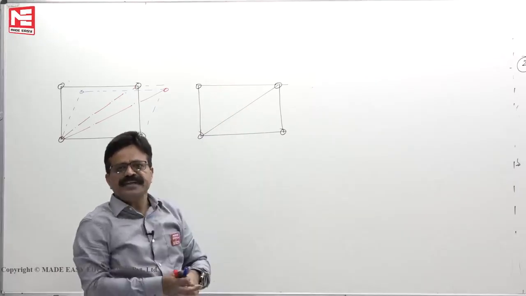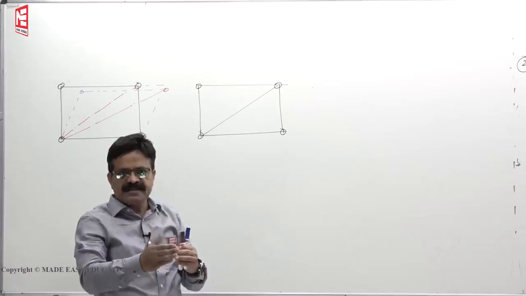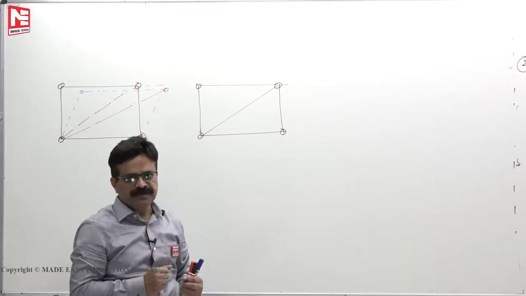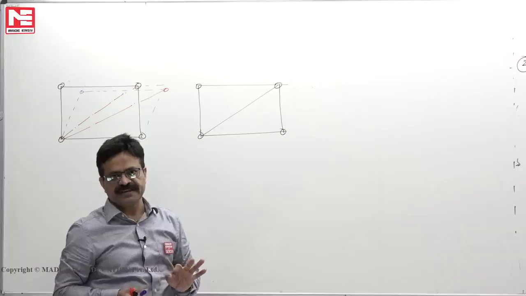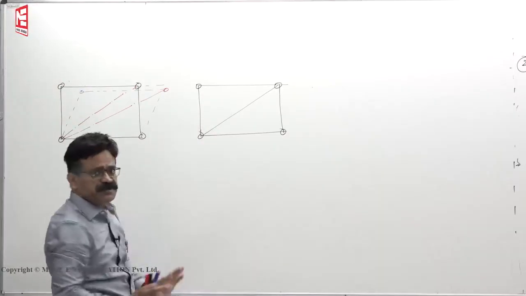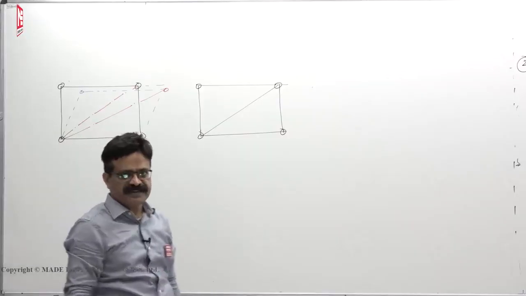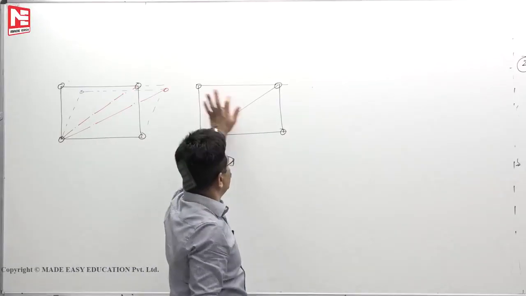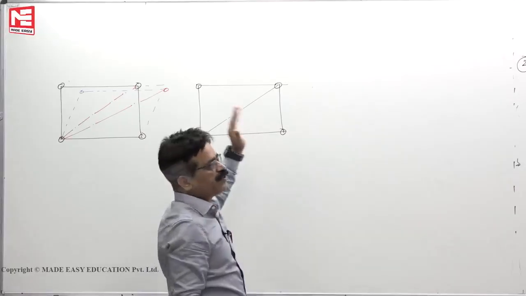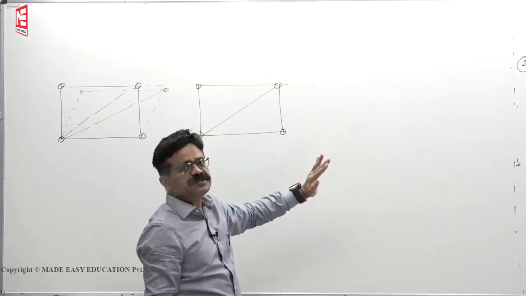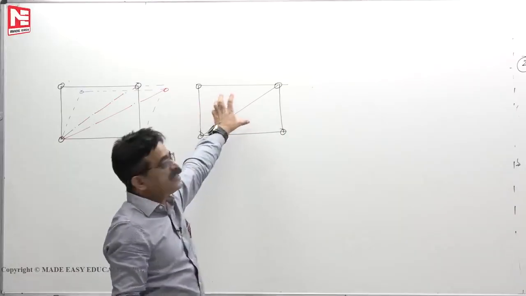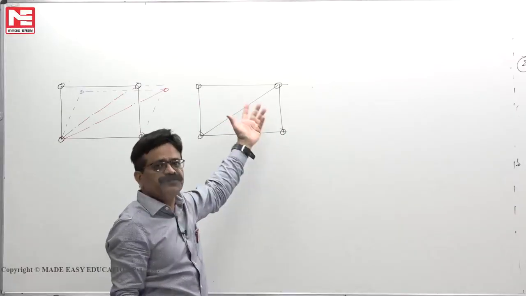That means if any member translates or rotates after developing stress, then they are called deformations. So it is a stable structure. Without developing deformation, just push it like this, if it moves, then it is a mechanism. So such type of triangulations are stable forms. So for in-plane horizontal, vertical loads, they are effective. They can take the loads and they deform.